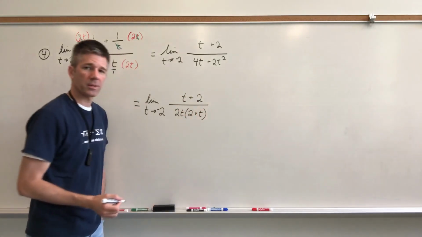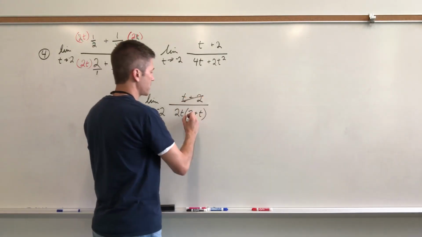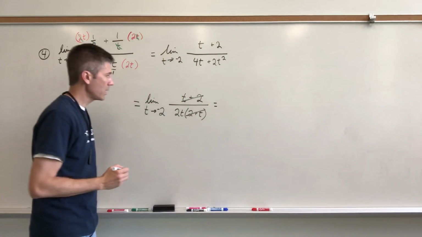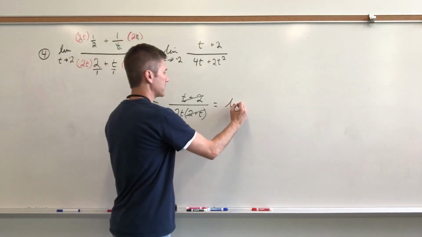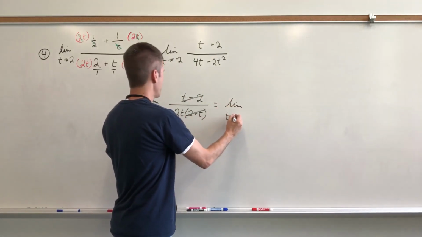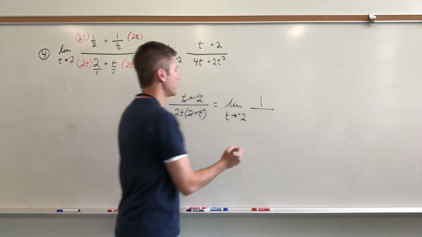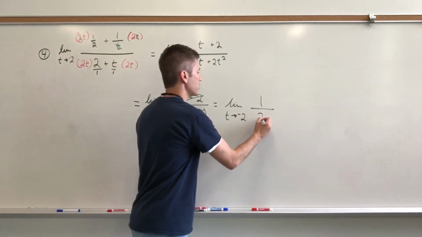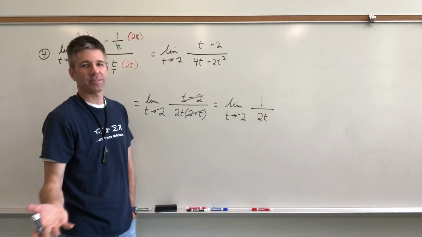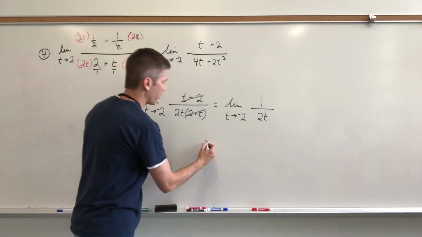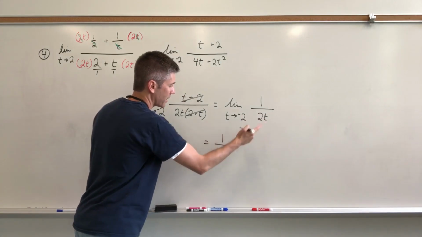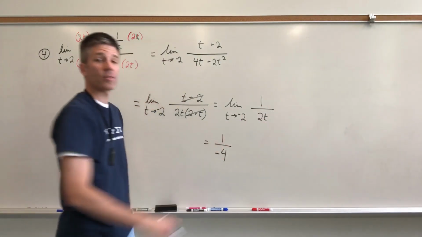T plus 2 and 2 plus t cancel out because they are the same thing, just in a different order. And so we are now left with the limit as t, not x, approaches -2 of 1 over 2t. Okay, well now we can plug a -2 in, right? So we will have 1 over 2 times -2, which is going to give me -4, so -1/4 for that.